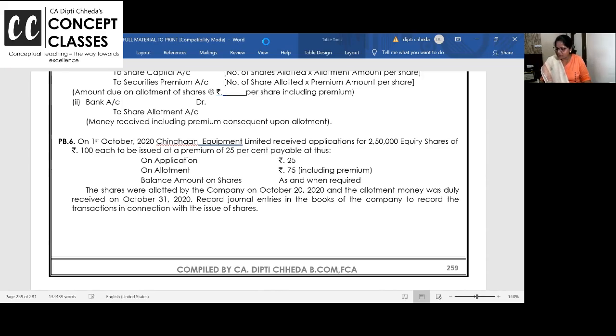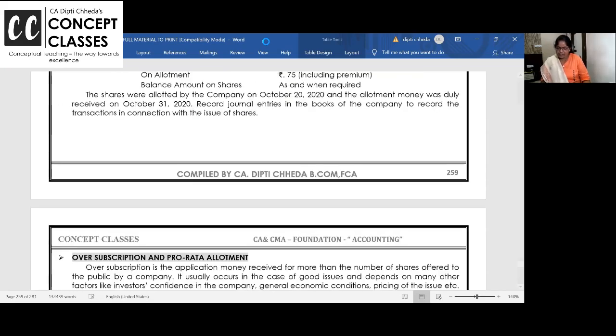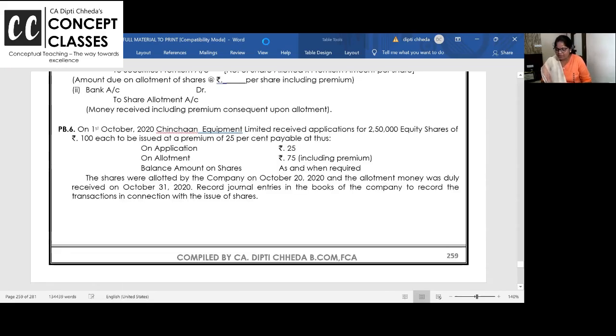So actually allotment is 50 and 25 is premium, and the balance on the first and final call. Shares were allotted and allotment was made. Record journal entries for transactions related to the issue of the shares. So 25 application, 50 allotment and 25 the first call.